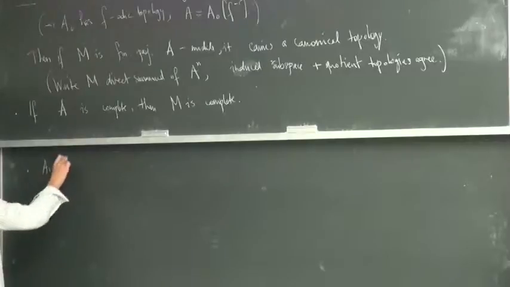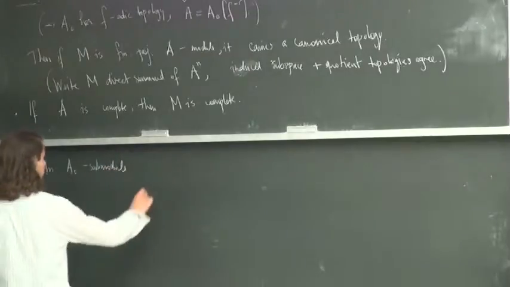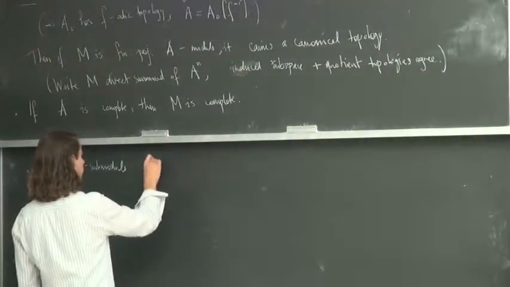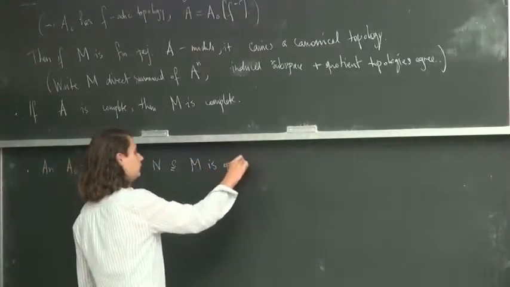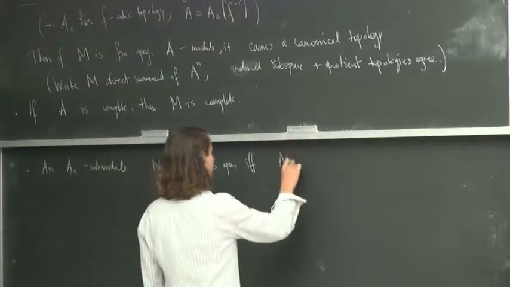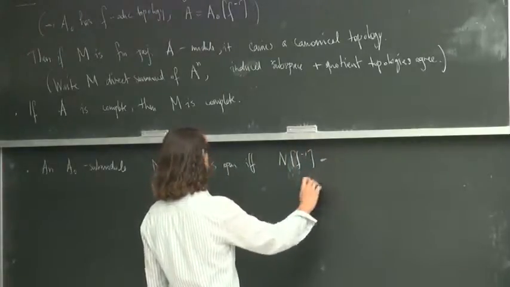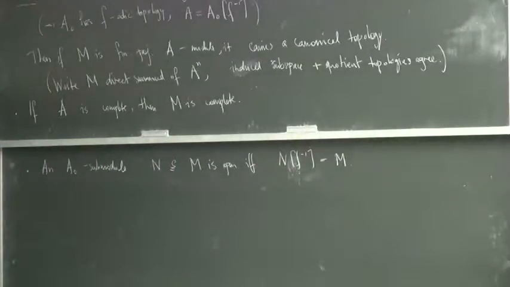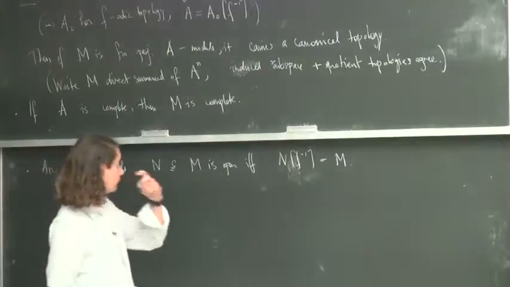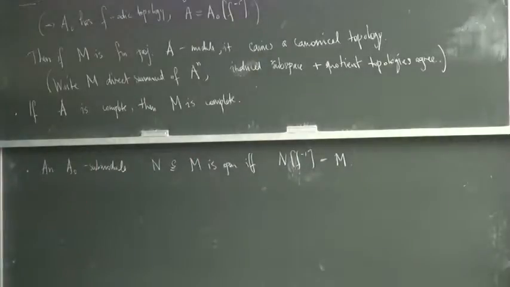And an A0 submodule N inside of M is open if and only if you invert f, you get M. Because then any set of generators of this module, some f power will already live in there, and then you get this.